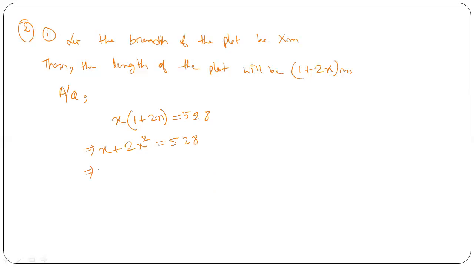So it will be 2x square plus x minus 528 equal to 0.